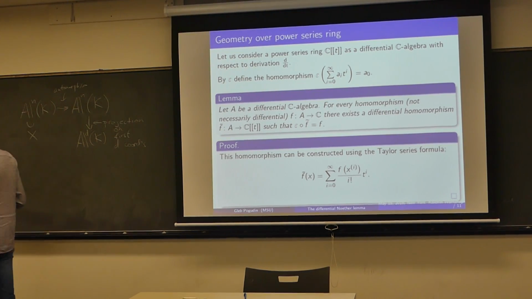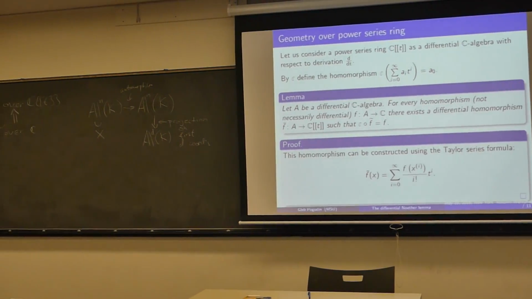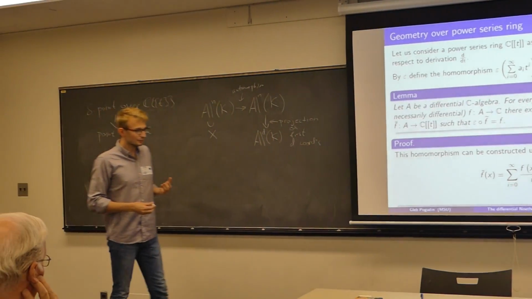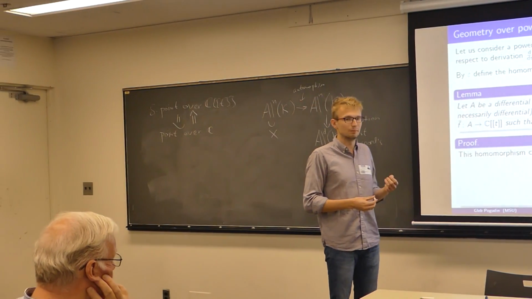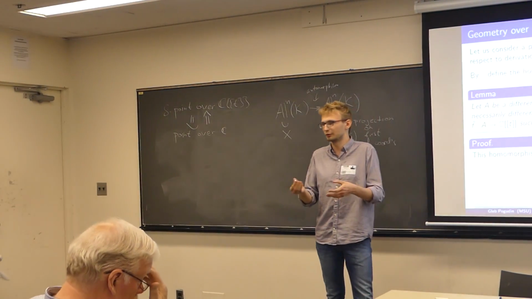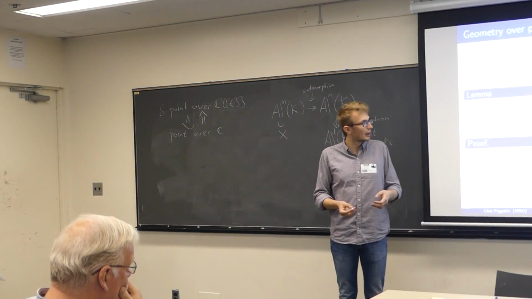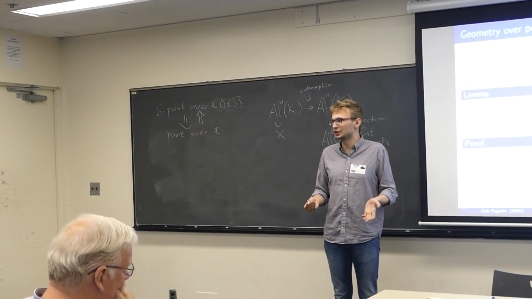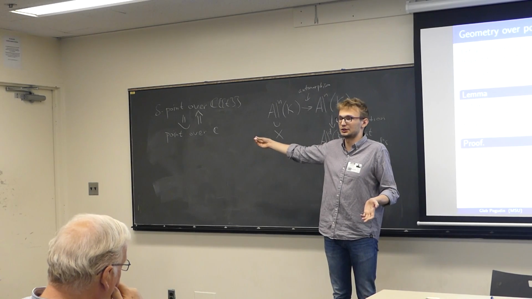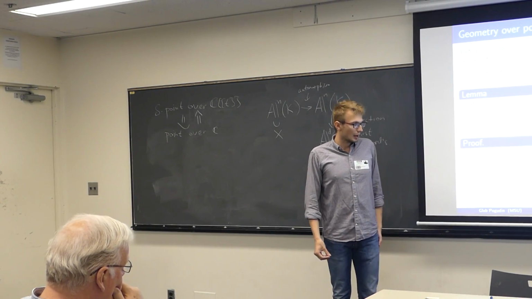So we have two implications. And that's why solutions in power series are interesting not only for differential equations people, but they are interesting for algebraists because they mean just points over C, algebraic points over C.